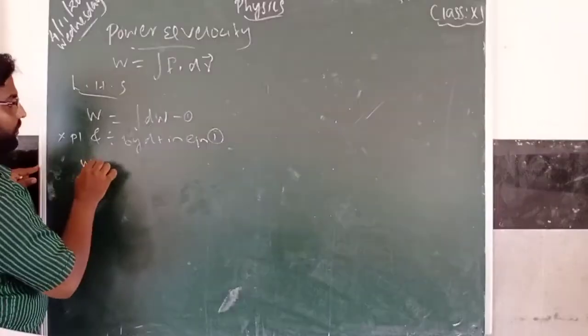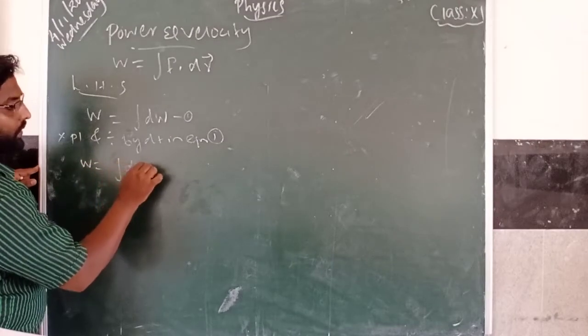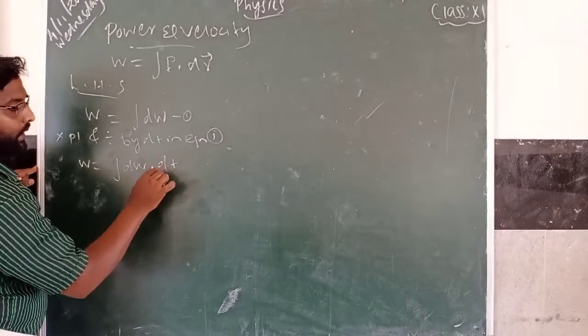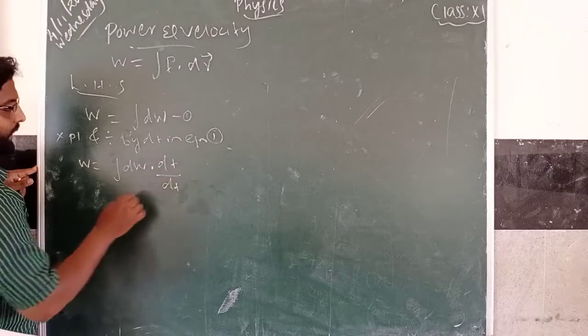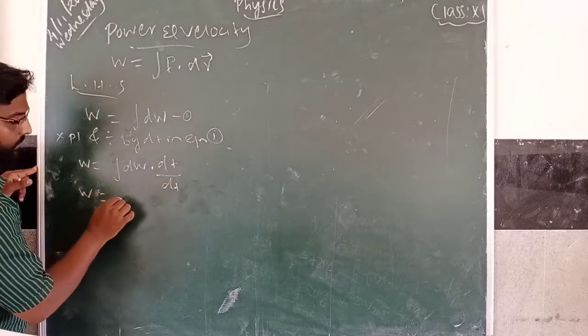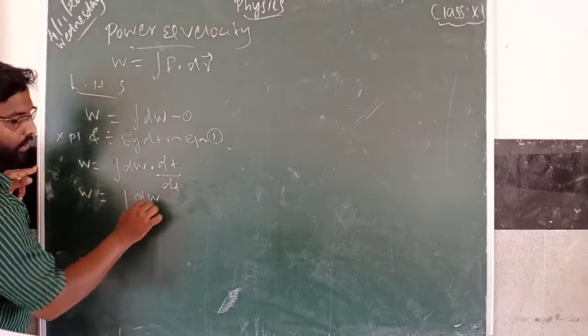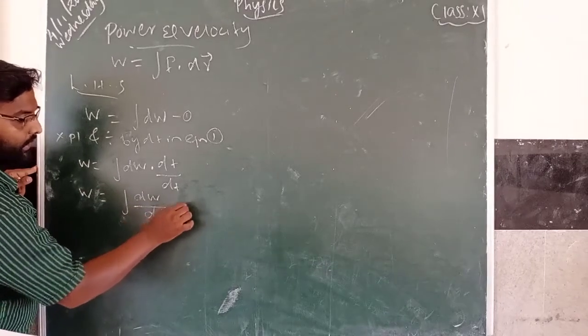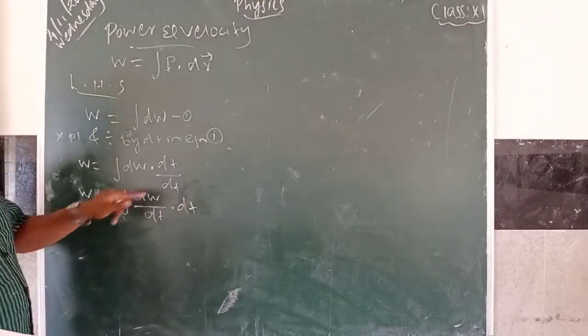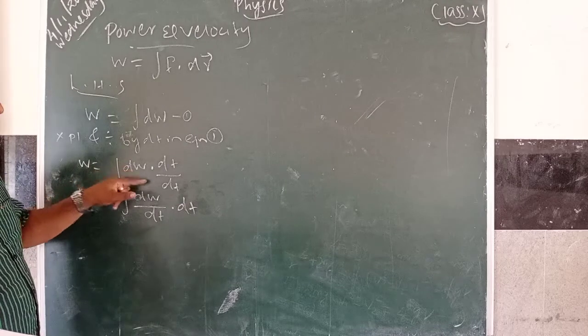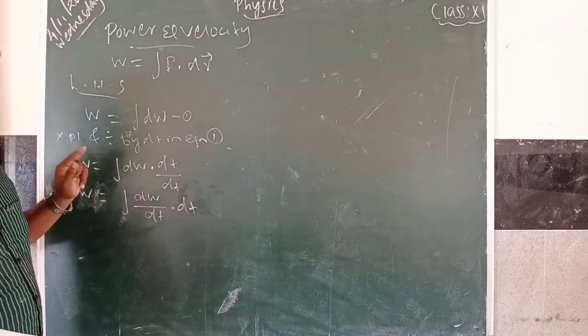So W equals dW into dt divided by dt. So you can write this as dW by dt into dt. We are just rearranging and writing dW by dt into dt.